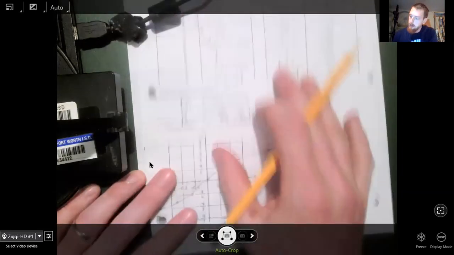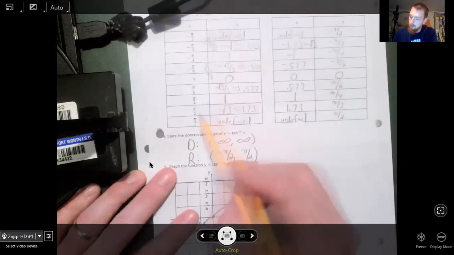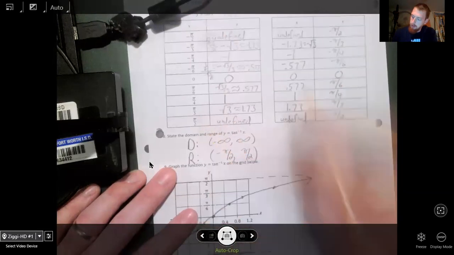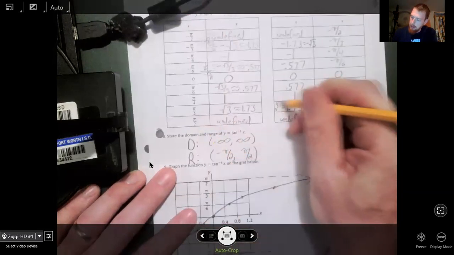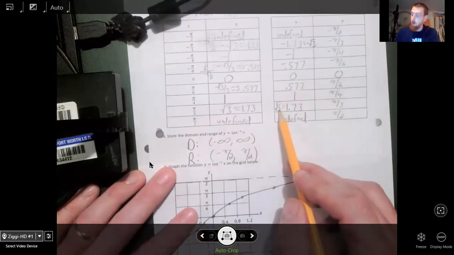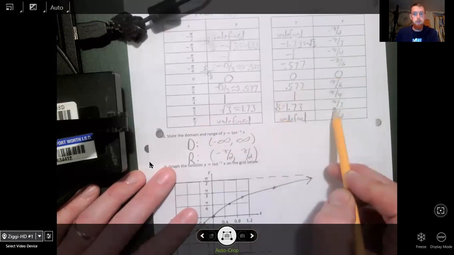All right, let's see. For tangent of x, if the answer is the square root of 3, the angle is pi over 3. We can see that in the inverse tangents table that we have over here. When our input is the square root of 3, our y value is pi over 3.